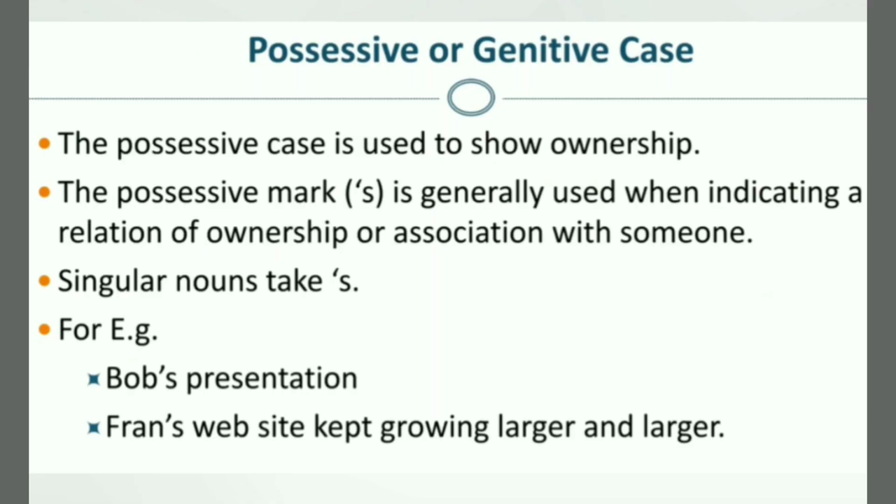The possessive case is used to show ownership. Here, the possessive mark, that is apostrophe S, is used to indicate a relation of ownership or association with someone.